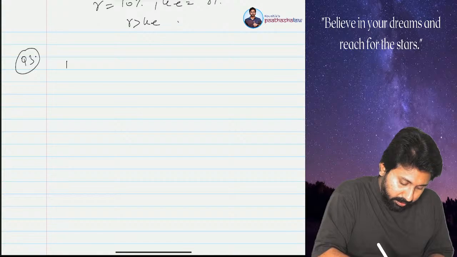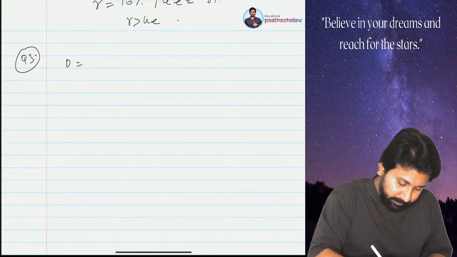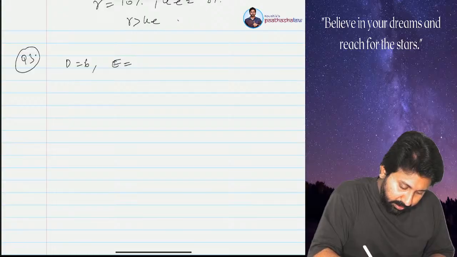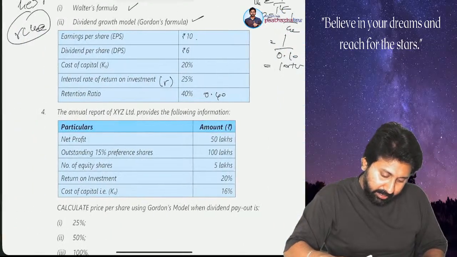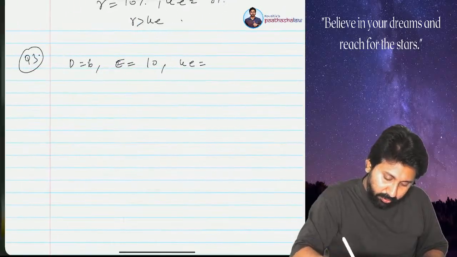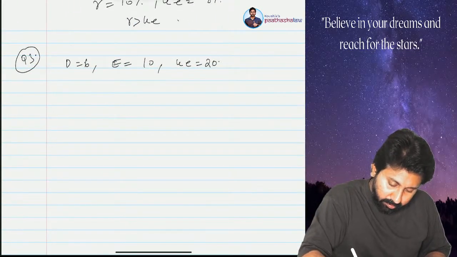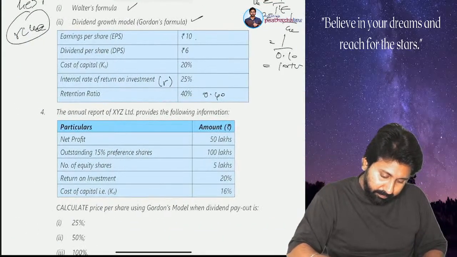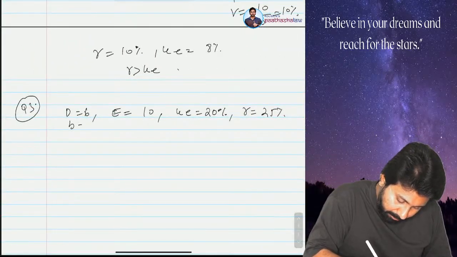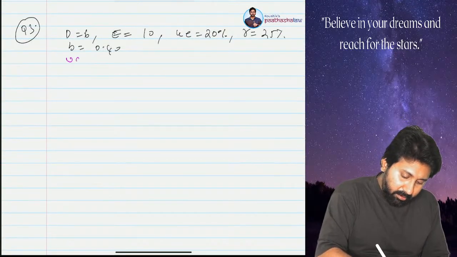Write down the data: D equals 6, E equals 10, KE equals 20, R equals 25, B equals 0.4.